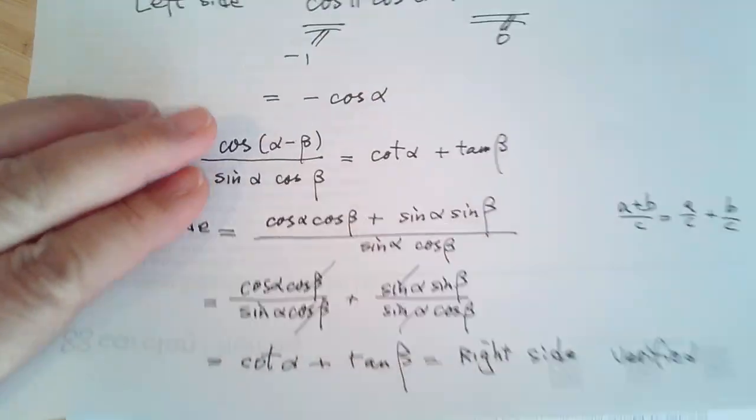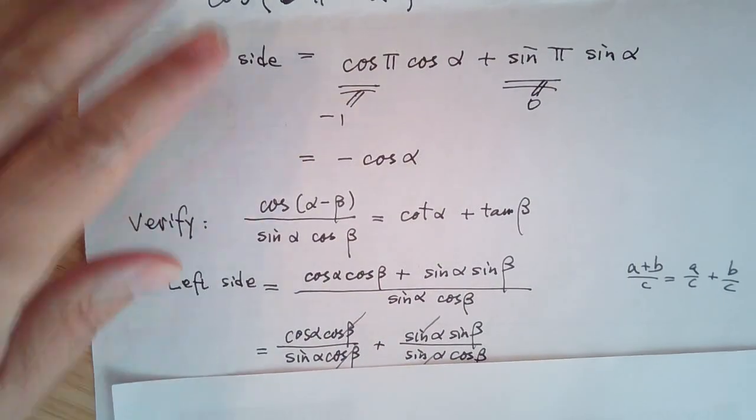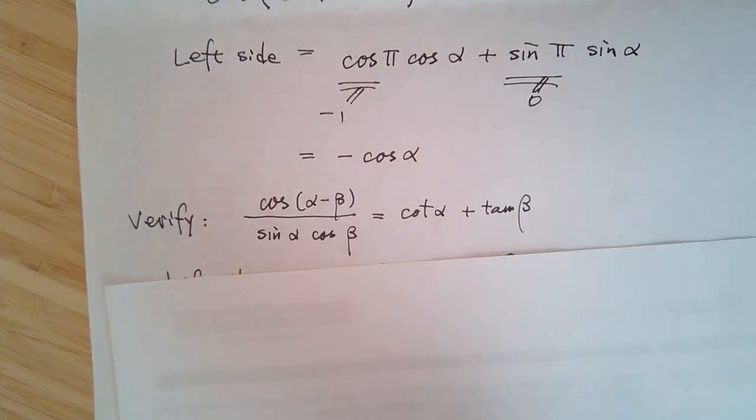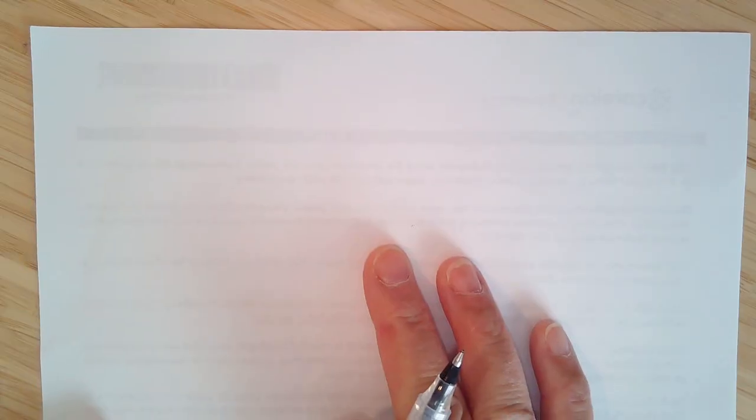So let me ask you another question. Hold on, let me get a piece of paper. I need more paper. All right, I would ask you to give me this information. I have two angles.